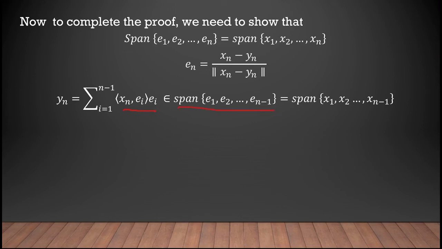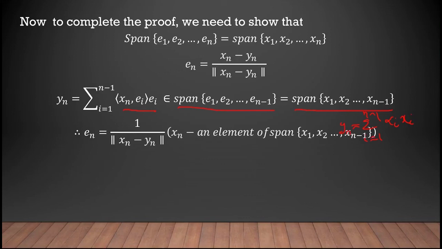Okay, so the expression for yn shows that yn is an element of the span of e1, e2, etc. en minus 1, and by our induction hypothesis, the span of e1, e2, etc. en minus 1 is the same as the span of x1, x2, etc. xn minus 1. Okay, so yn is an element of the span of x1, x2, etc. xn minus 1, or I can write yn as summation i equal to 1 to n minus 1 some alpha i xi.